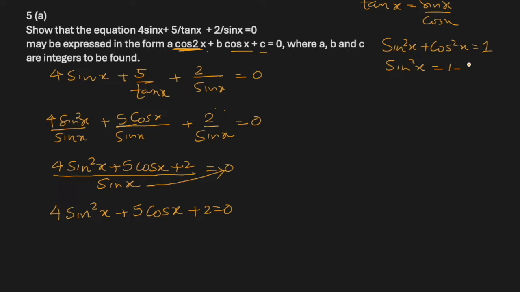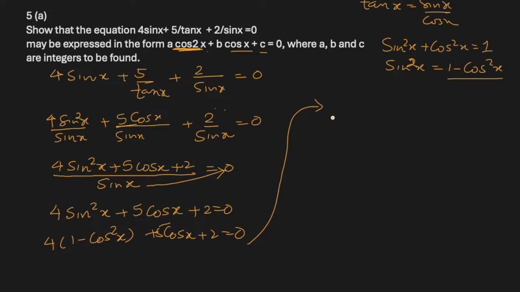Whenever we want to eliminate any particular term, we should isolate it so that it can be written in terms of the other one. So I'll write here 4(1 minus cos² x) plus 5 cos x plus 2 equal to 0.